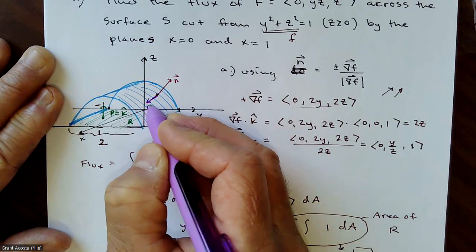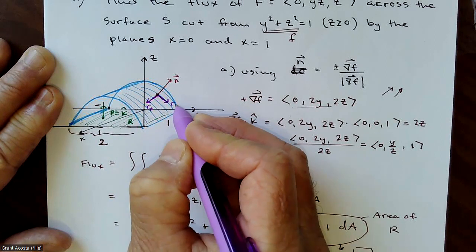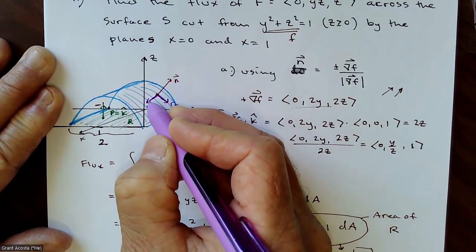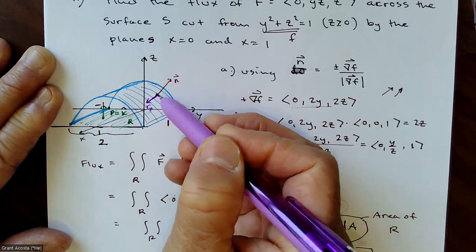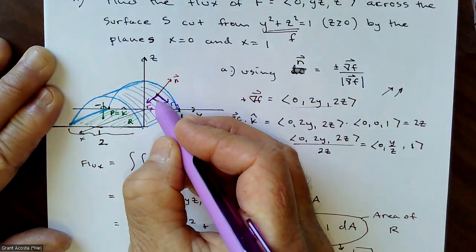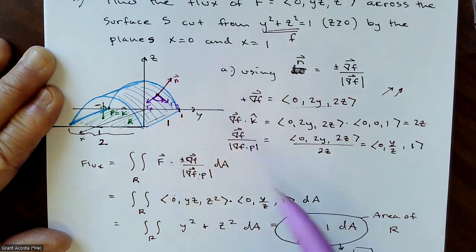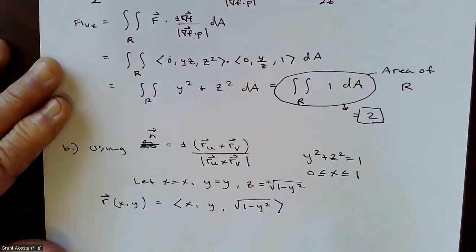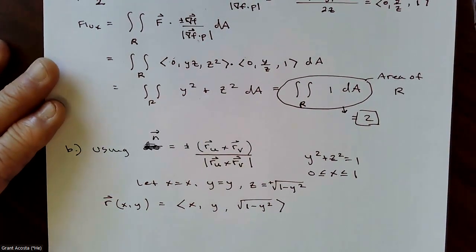That's R sub x. R sub y is kind of going to be going this way in the y direction. So which way, when I do the cross product, will I get a vector pointing outwards? It's either R sub x crossed R sub y or R sub y crossed R sub x. That's why the right-hand rule is important. If you put your right hand around and pull R sub x into R sub y, you're going to get a vector pointing outward. So the correct way to do my cross product, if I was going to do that, would be R sub x cross R sub y. That's going to produce an outward unit normal.